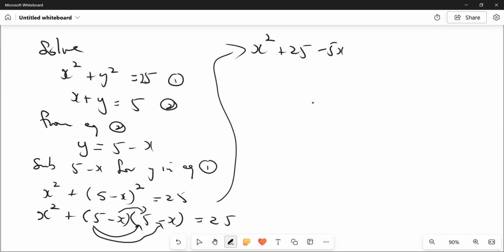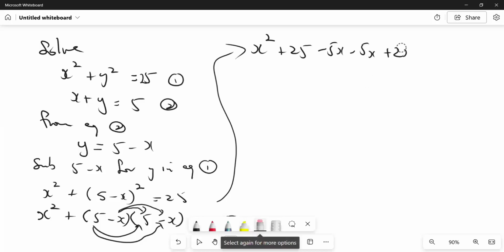This minus x by 5 gives you another minus 5x. And then minus x by minus x gives us positive x squared, equal to 25. Good. Let's simplify and see what we'll get.